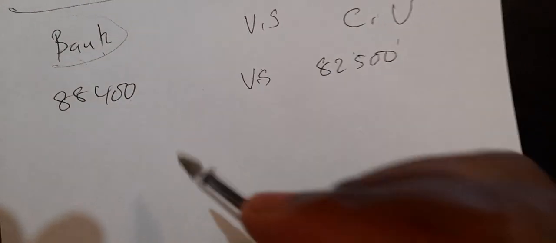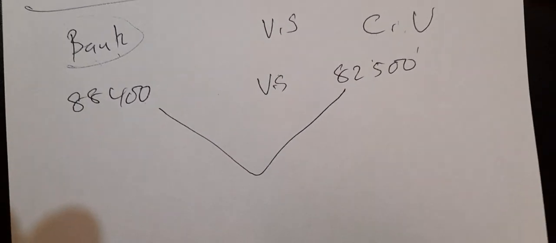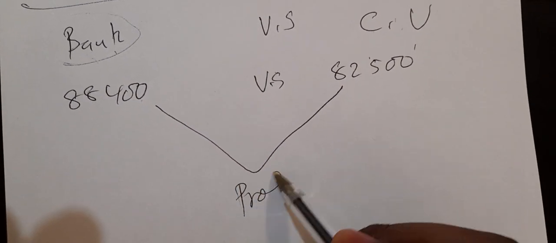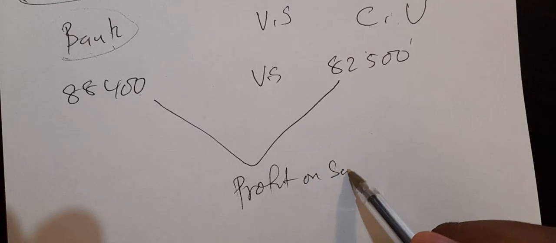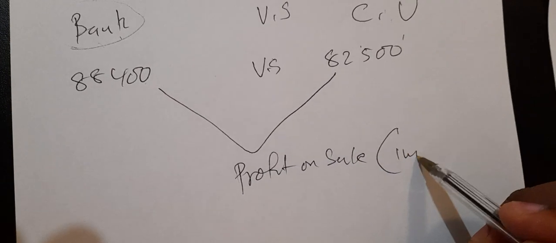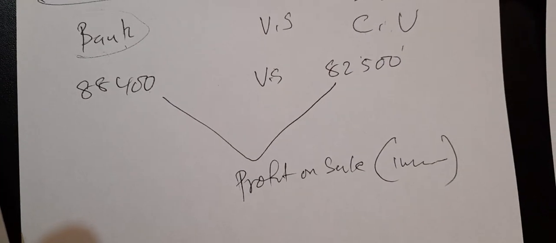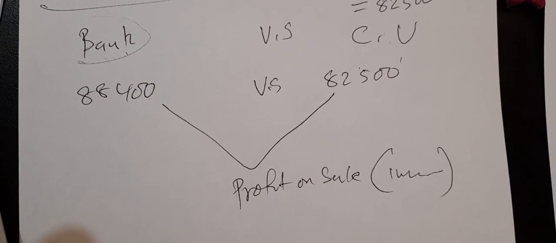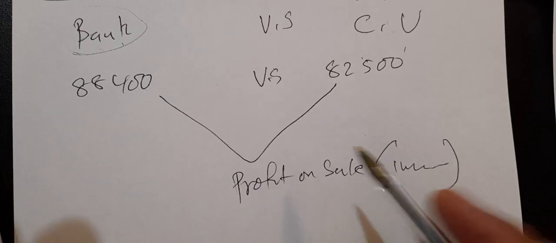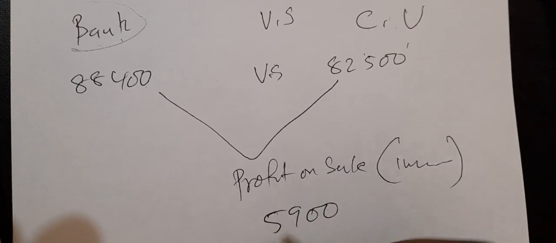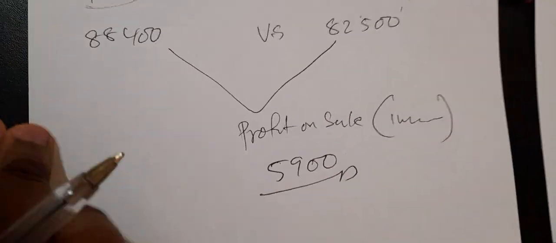A loss. So the difference between these two amounts is a profit on sale, which is an income. The difference between 88,400 and 82,500 is 5,900. 5,900 is the profit that we have made.